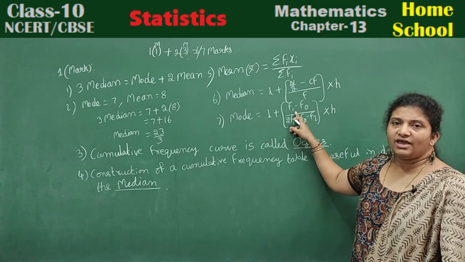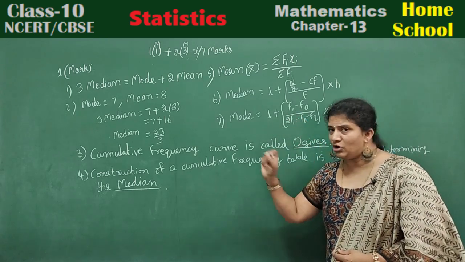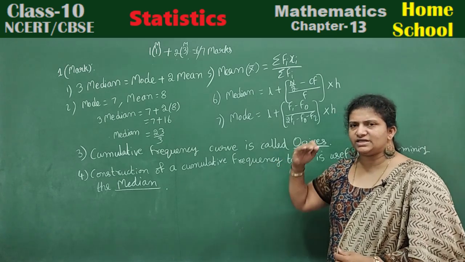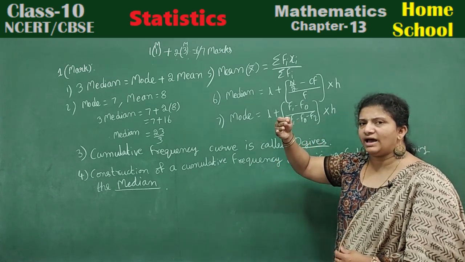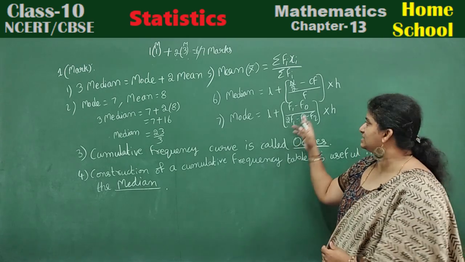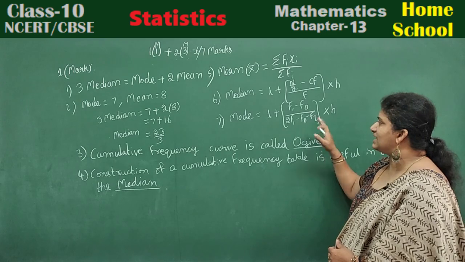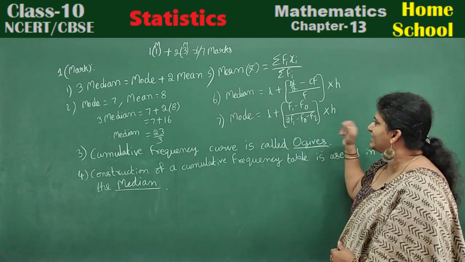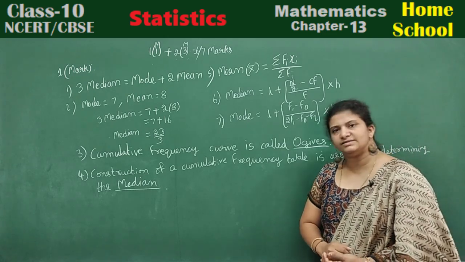F1 is the frequency in the modal class. F naught is the frequency which is just above the modal class, or you can say the preceding modal class frequency is called F naught, and the succeeding frequency to the modal class is F2. H is the class size.